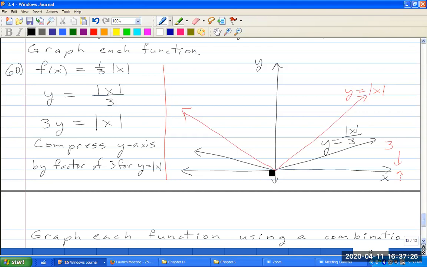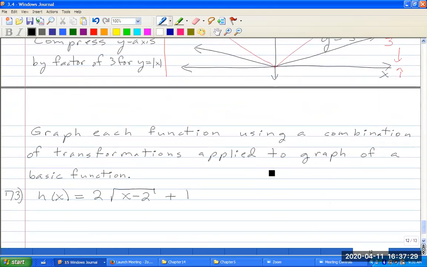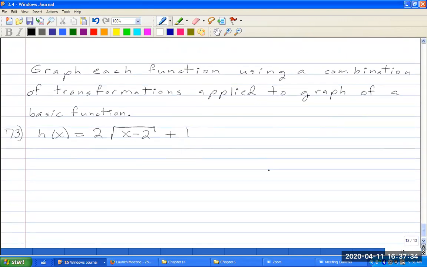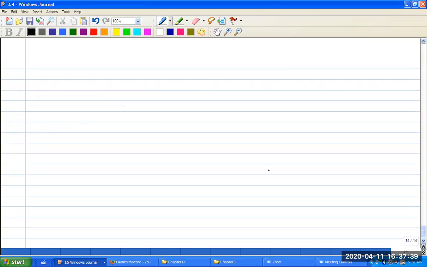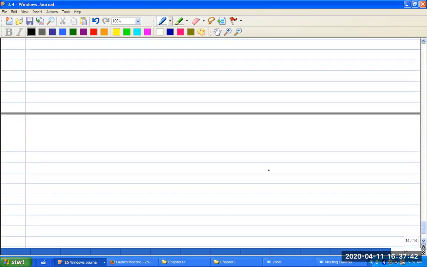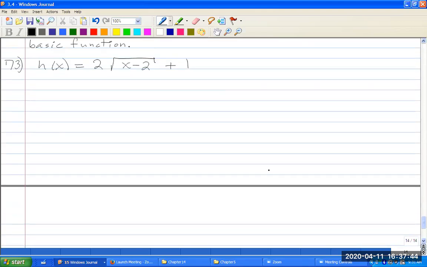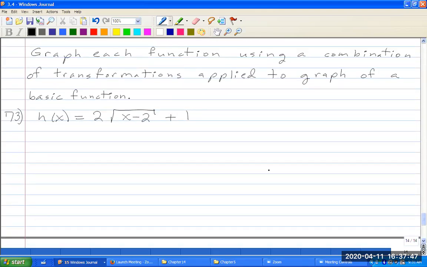Okay, let me do problem 73. We'll need another page for this guy because this will be involving a few things. Graph each function using a combination of transformations applied to the graph of a basic function. Okay. h of x equals 2 rad x minus 2 plus 1.